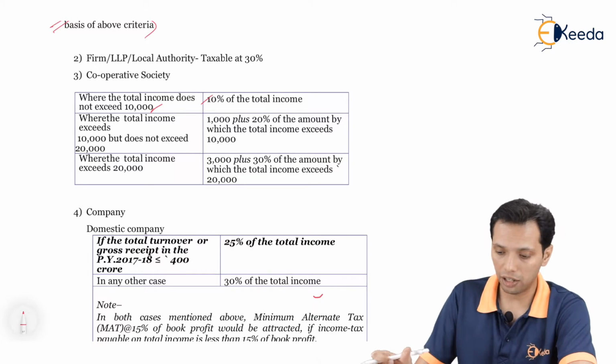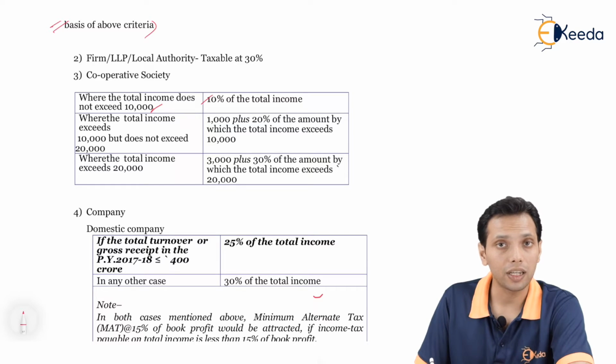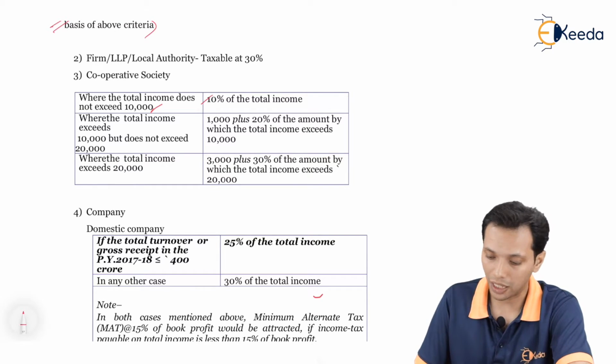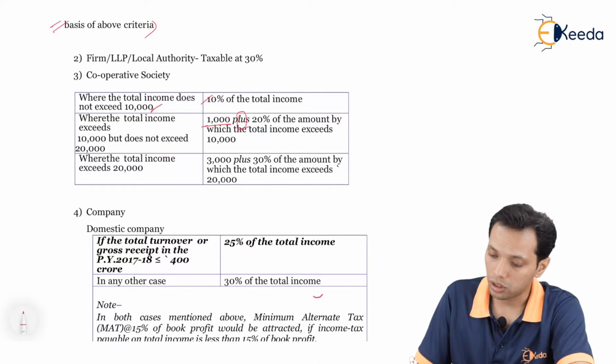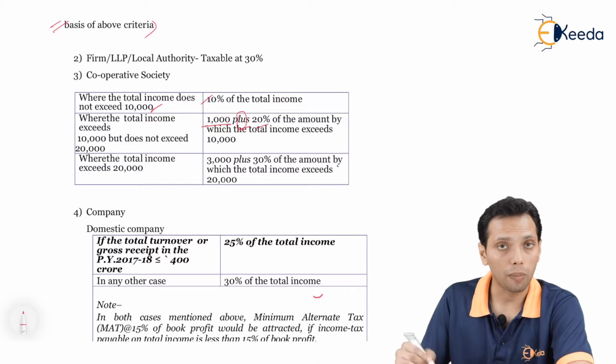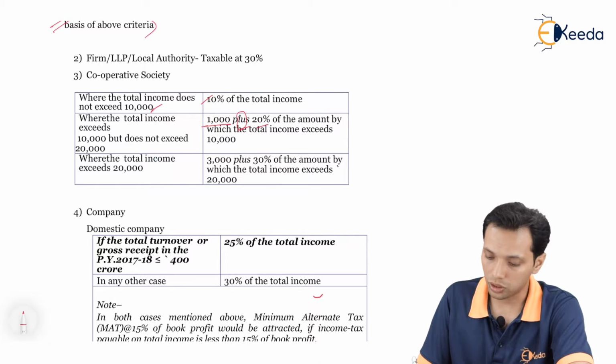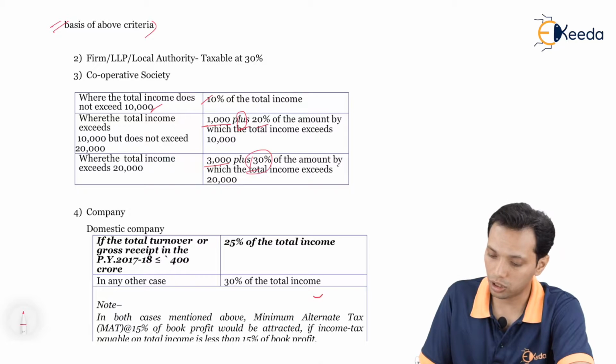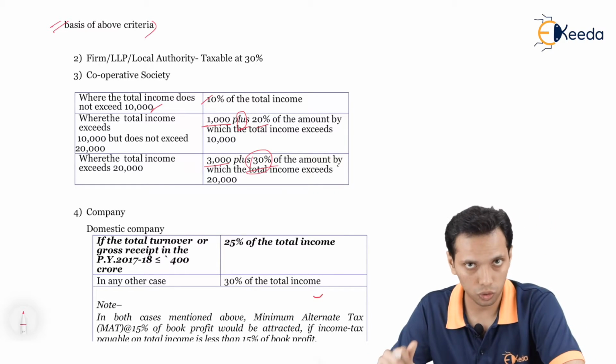There is no nil rate as such. Total income between 10,000 and 20,000 of a cooperative society is taxed at 1,000, which is 10% of 10,000, plus 20%, and above 20,000 is 3,000 plus 30% for a cooperative society.